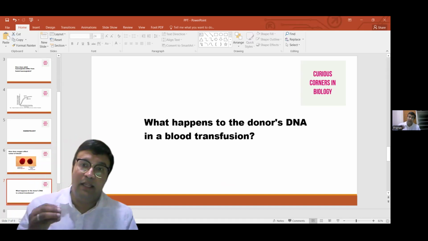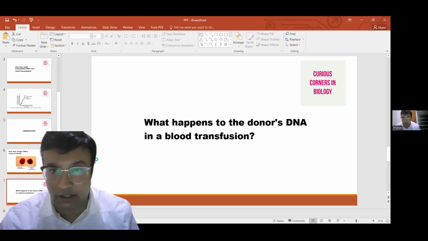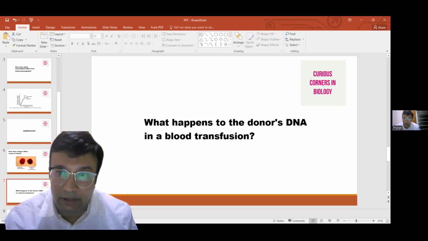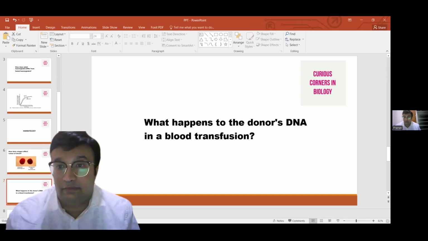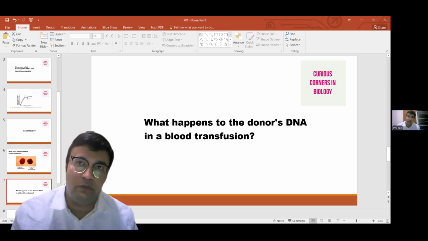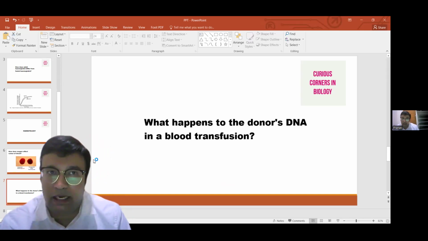But if the patient receives large blood transfusion, then the donor WBCs can remain in recipient's blood for as long as 1 or 2 years.